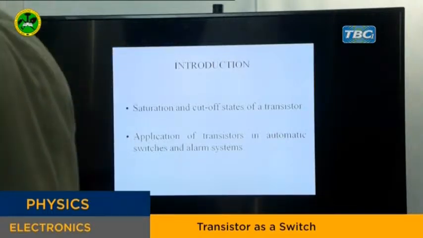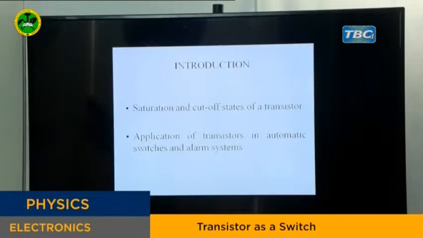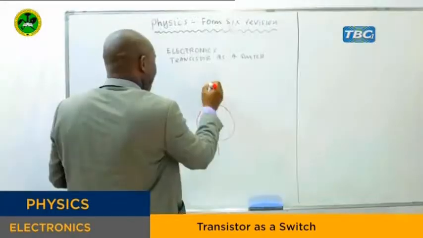Now, to talk about the saturation and the cutoff state of a transistor, let's consider the previous circuit that we drew. This was our circuit. We had this NPN. You can use NPN or PNP.